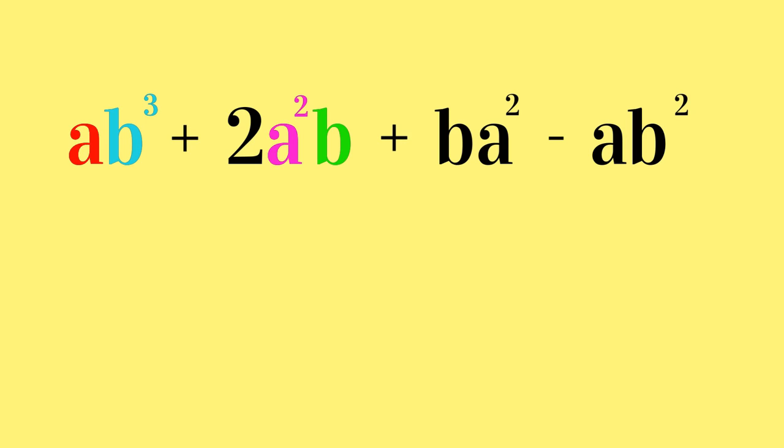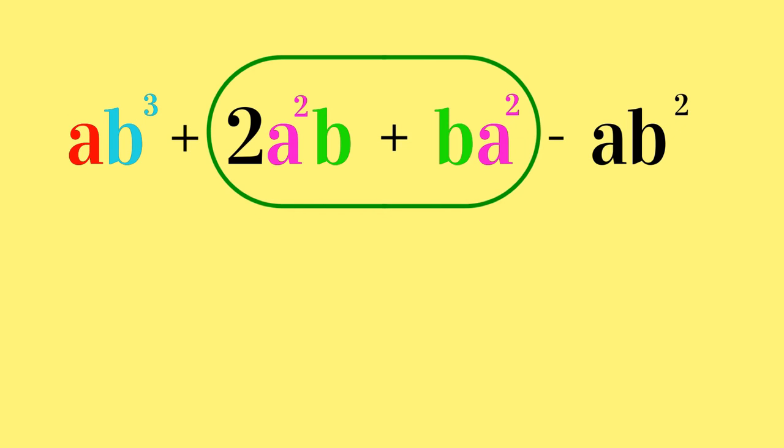The third term contains a b and an a squared. So this is a like term of the second term. If we add these two terms together, we get 3a squared b. The fourth term contains an a and a b squared.